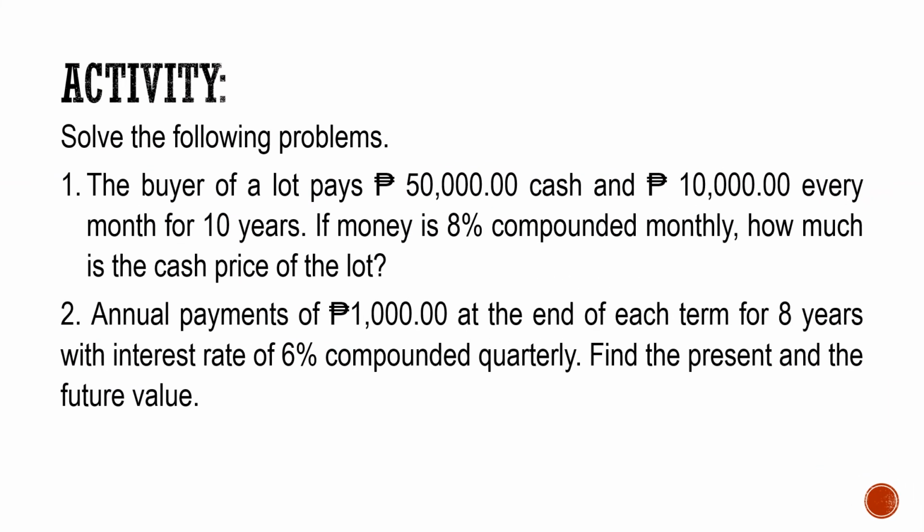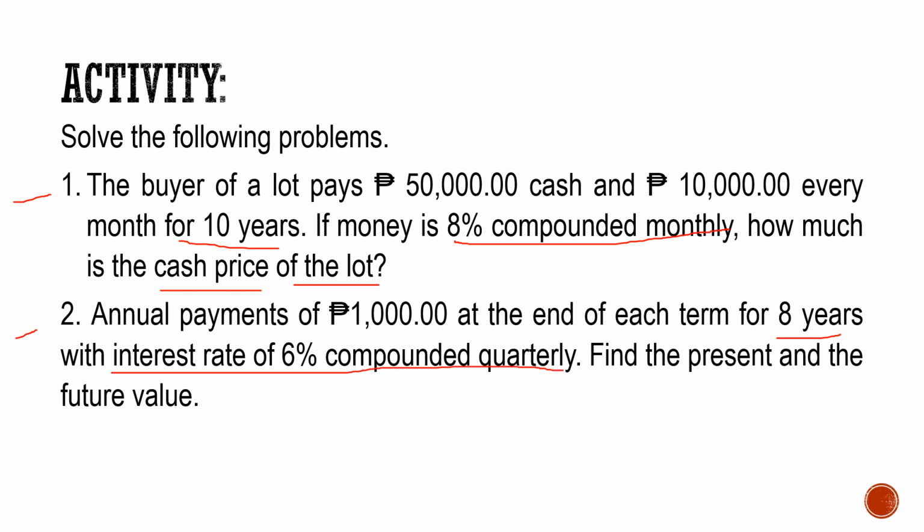So for your activity, solve the following problems. First problem, the buyer of a lot pays 50,000 pesos cash and 10,000 pesos every month for 10 years. If money is 8% compounded monthly, how much is the cash price of that particular lot? For number 2, annual payment of 1,000 pesos at the end of each term for 8 years with an interest rate of 6% compounded quarterly.